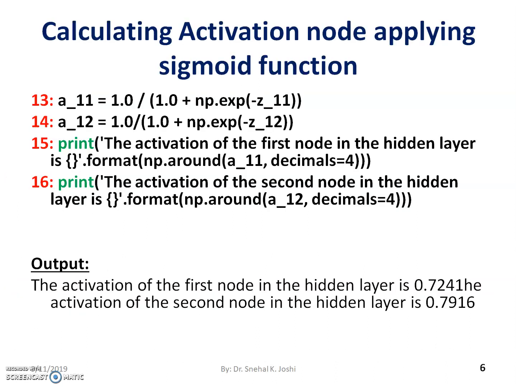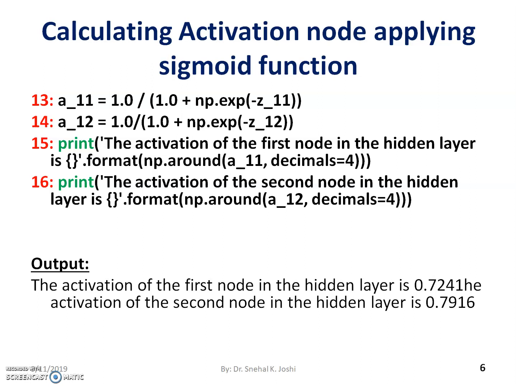Now we will calculate activation nodes A11 and A12 from the weighted sums of the inputs using the sigmoid function. As you know, the sigmoid function is the inverse of 1 plus the exponential of minus z, where z is the weighted sum.